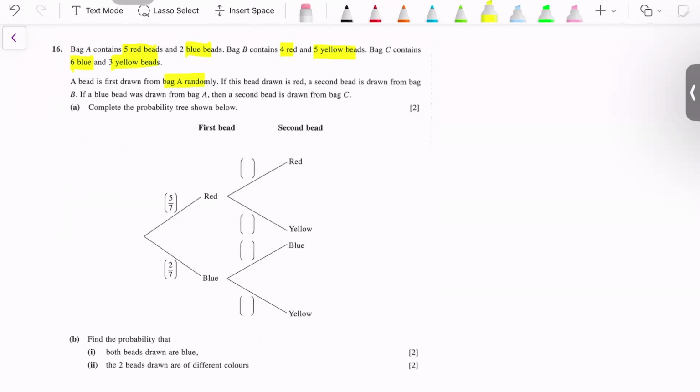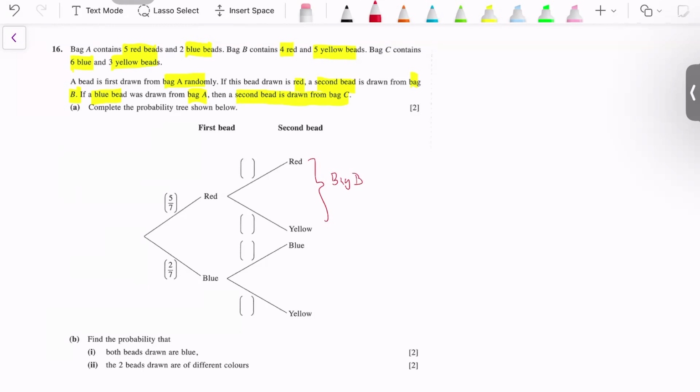If the bead drawn is red, second bead is drawn from bag B. And if a blue bead was drawn from bag A, the second bead is drawn from bag C. So that means if the first bead is drawn as red, the second bead will be from bag B.